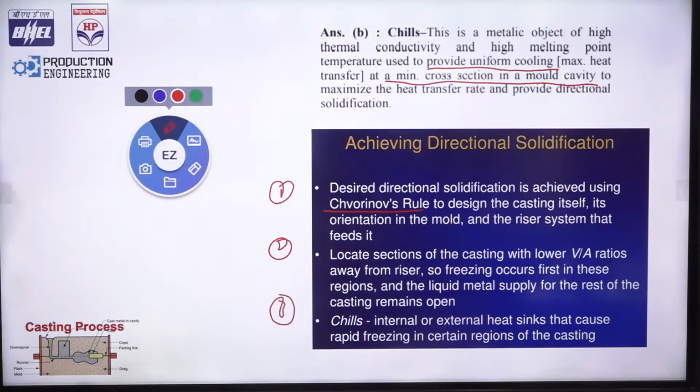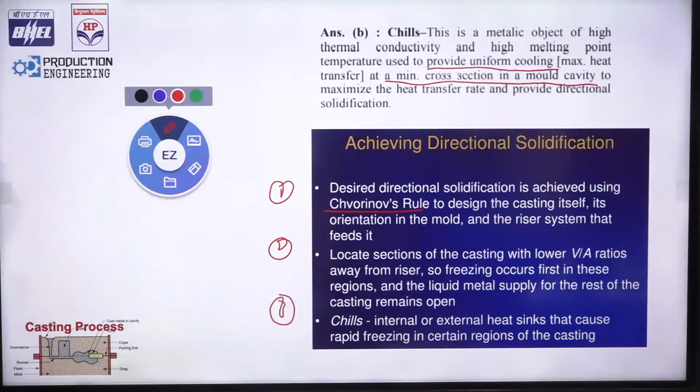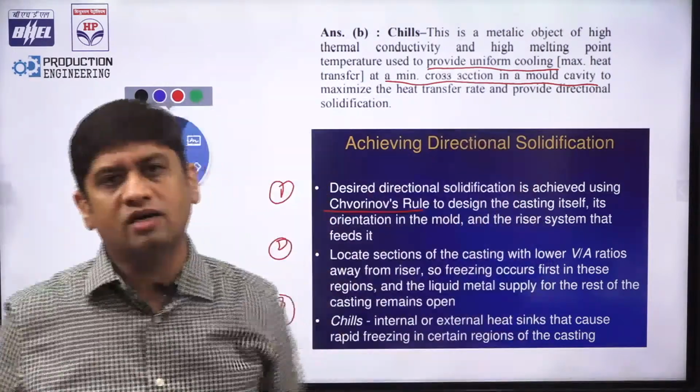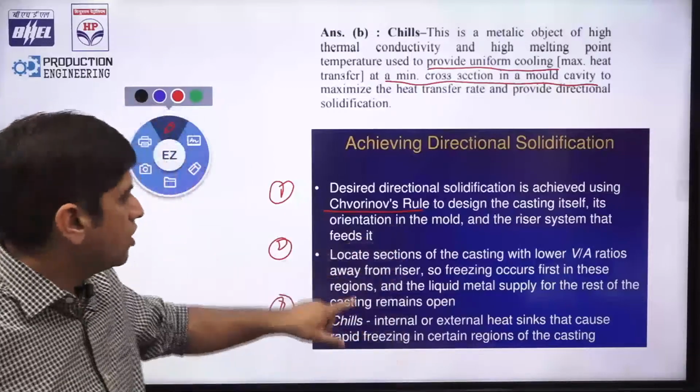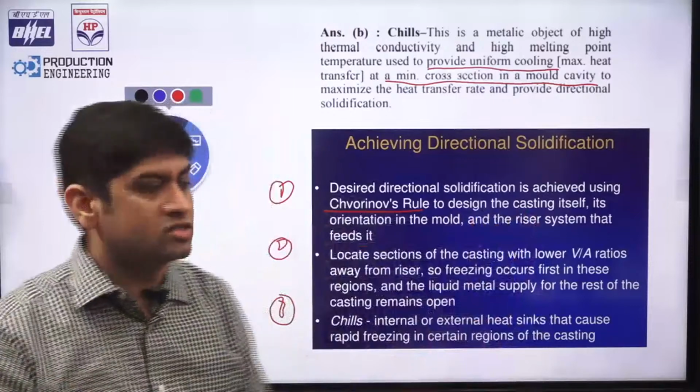This is a tongue twisting word. Cherepanov rule is one of the rules, and I'll discuss the formula of this. That is one of the ways in which directional solidification is obtained. So the design of the casting itself will provide the directional solidification. I'll tell you how it is to be done, and the riser system, how we design the entire gating system.